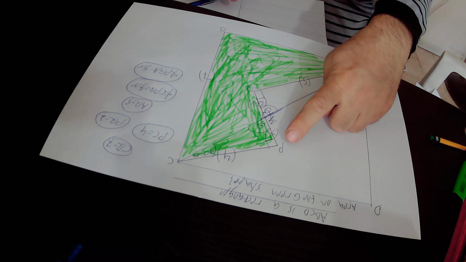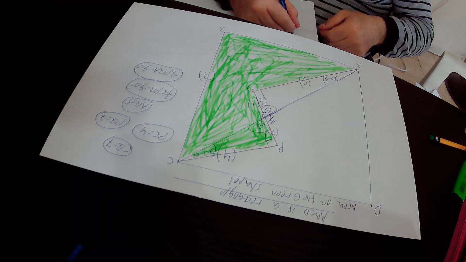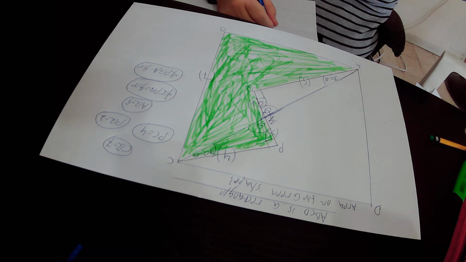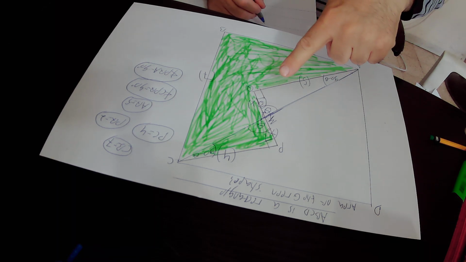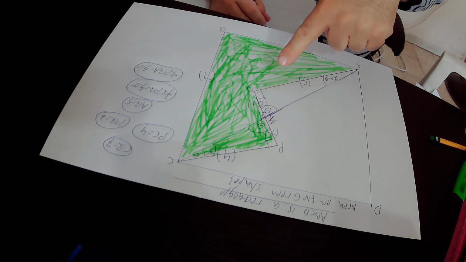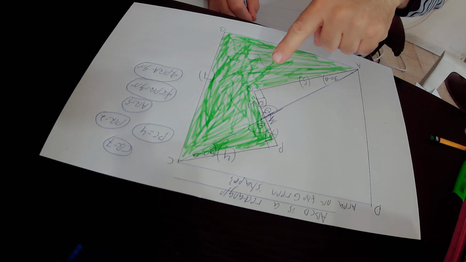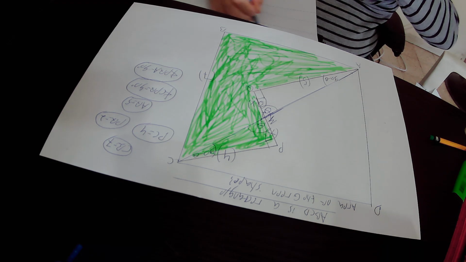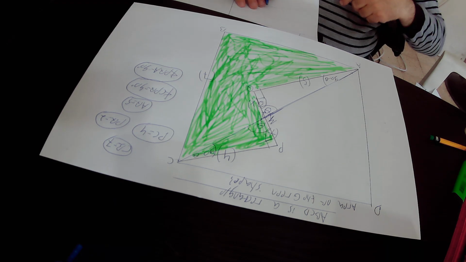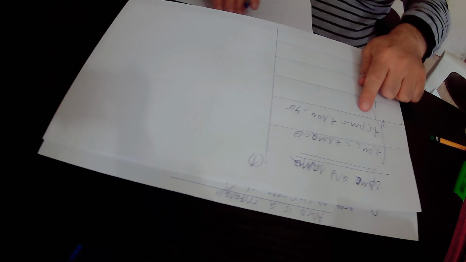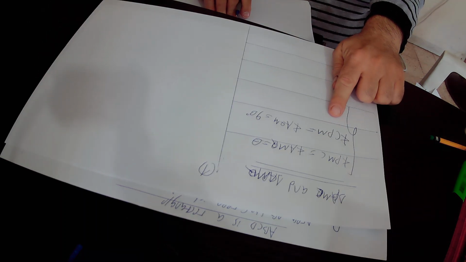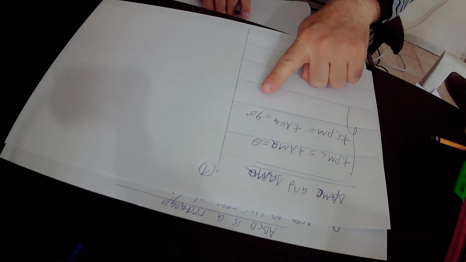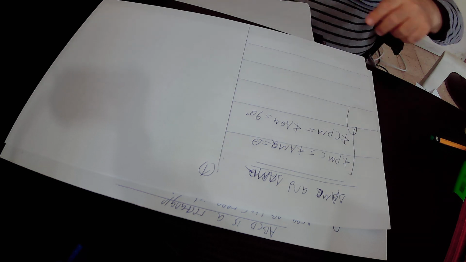So actually this is angle CPM in the right triangle PMC, and it is equal to this angle, which is angle AQM in the right triangle AMQ. Angle CPM in the right triangle PMC equals angle AQM in the right triangle AMQ. They are both equal to 90 degrees, therefore they are equal to each other.